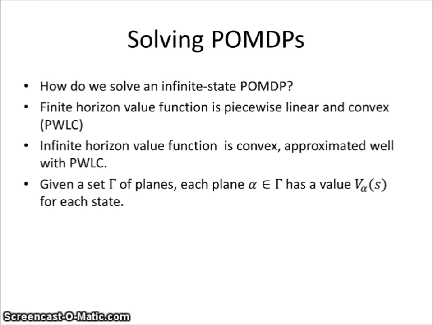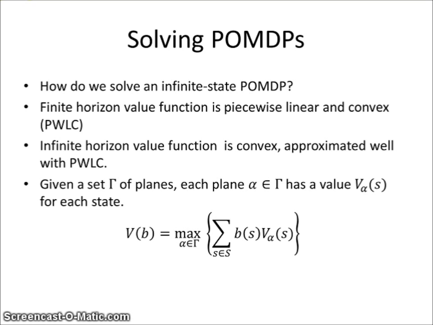Each plane called alpha is going to have some value v sub alpha of s for each state s, being the value of the value function given current state s. So if we knew the state, the value function would just be the maximum over alpha of v sub alpha of s. Instead, we're going to write it in terms of the belief probabilities.